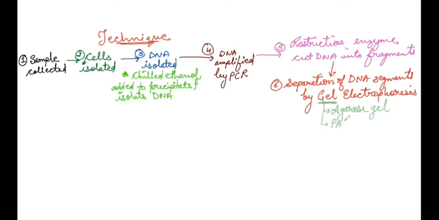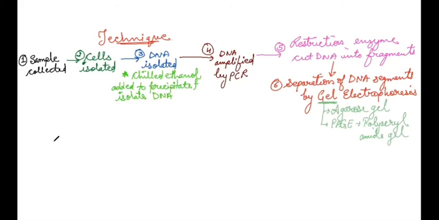PAGE stands for polyacrylamide gel. Sorry, I just wrote it wrong, so I'll use the eraser and rewrite PAGE, right? So polyacrylamide gel. PAGE is the term used for this gel.